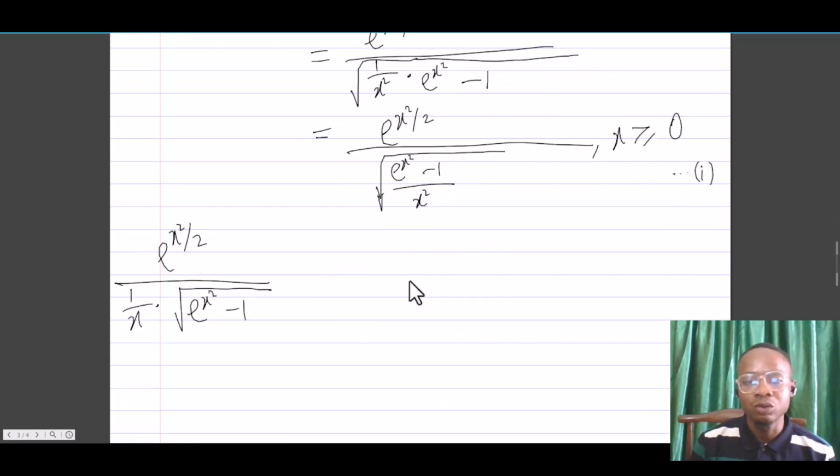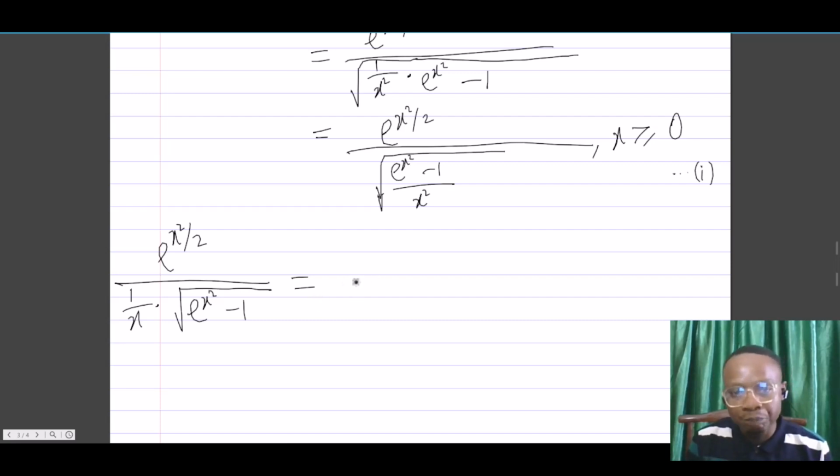We want to get an expression for this when x is less than 0. We've got an expression for when x is greater than 0 already. So when x is less than 0, what happens?